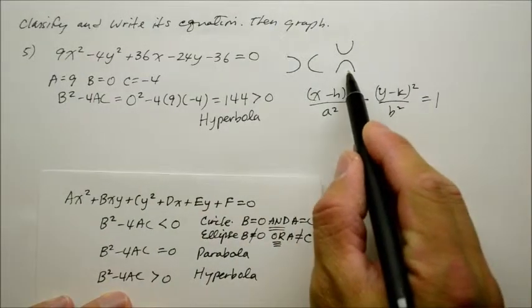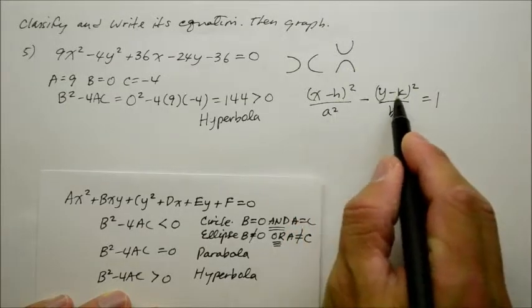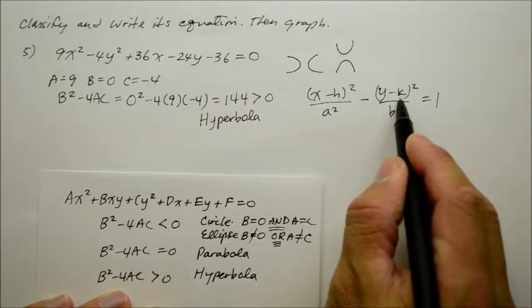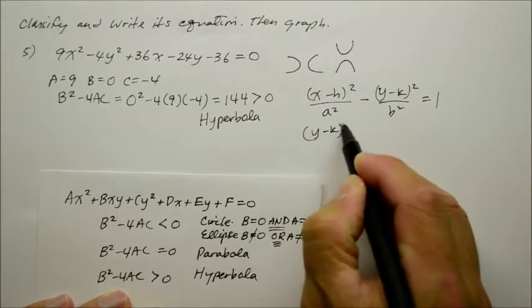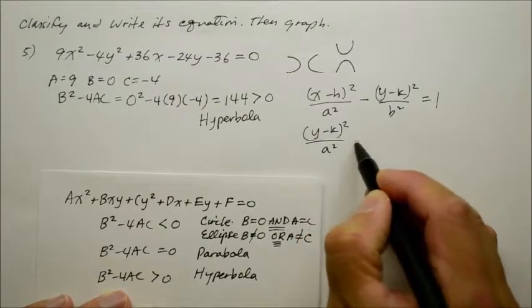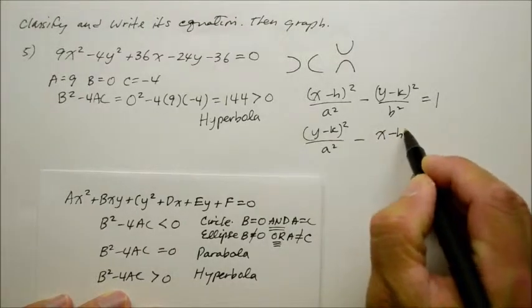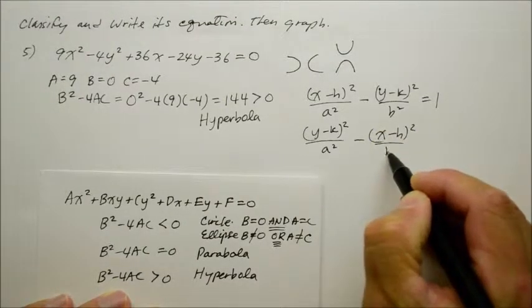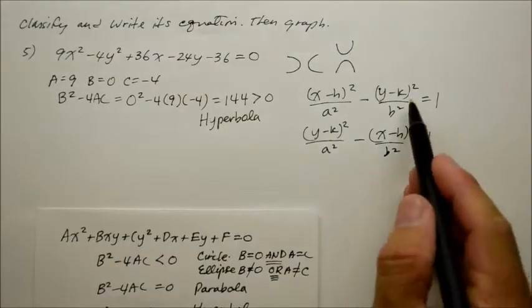If it's a vertical transverse axis, given that the midpoint is not the origin, meaning h and k, it'll be y minus k squared over a squared. The x and y terms switch places. The a and the b, they stay. And the x minus h squared over b squared is equal to 1. So it's going to be one or the other.